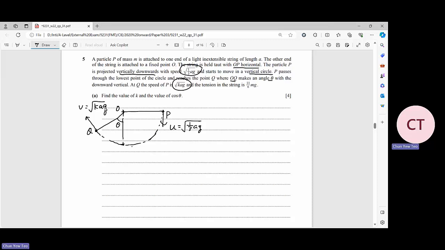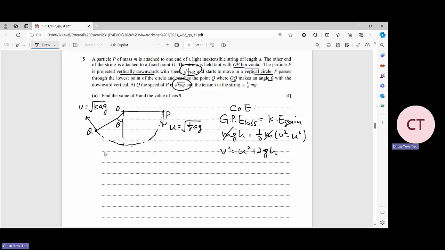Okay, so from the diagram, it is very obvious that we need to use conservation of energy. We have the GPE loss equal to the KE gain. GPE is mgh, KE gain is a half m of v square minus u square. Cancel, simplify, then you get v square equals u square plus 2gh.